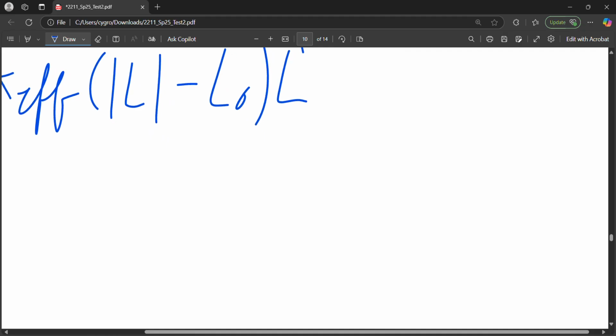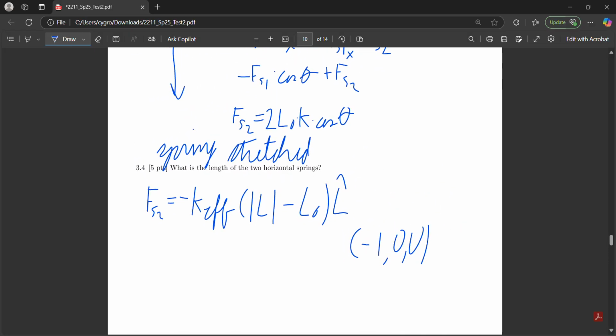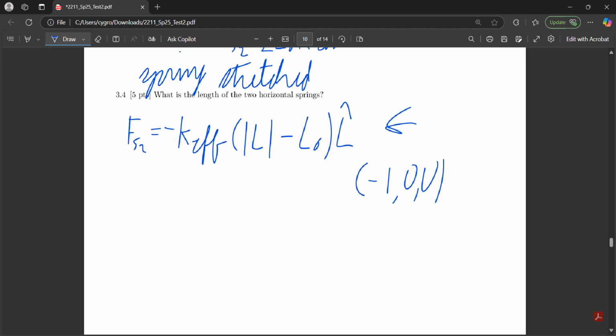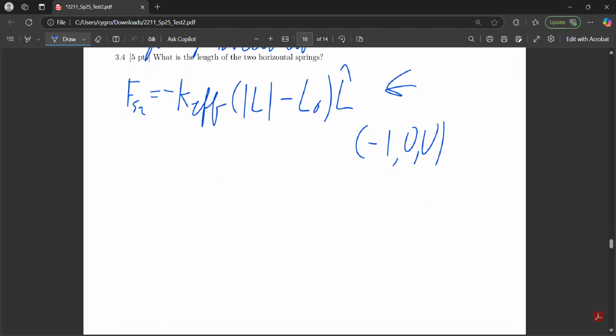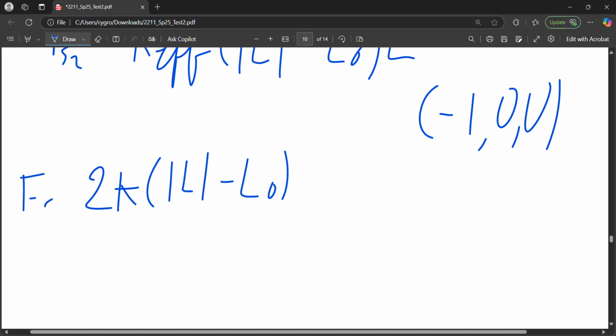We know that our L hat was found to be negative 1, 0, 0 because it is pulling the spring in the negative x direction and in no other direction. So we can find that this entire thing is going to equal 2k times absolute value of L minus L naught. So this is our force of spring 2.